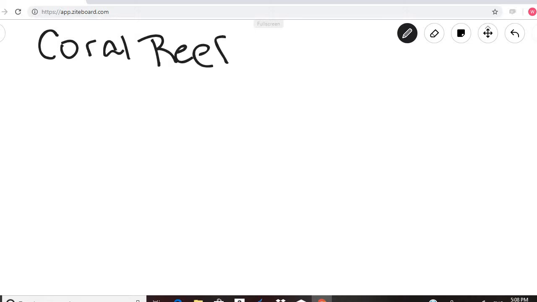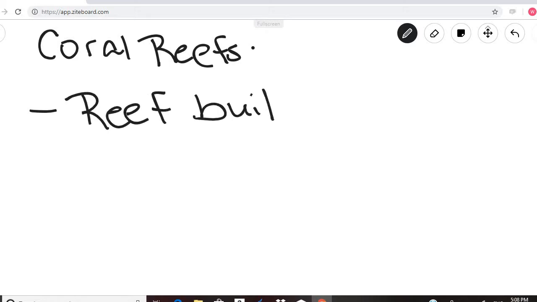So generally when we think about coral reefs, there are two aspects to it. There are the reef builders, and there are the reef inhabitants.